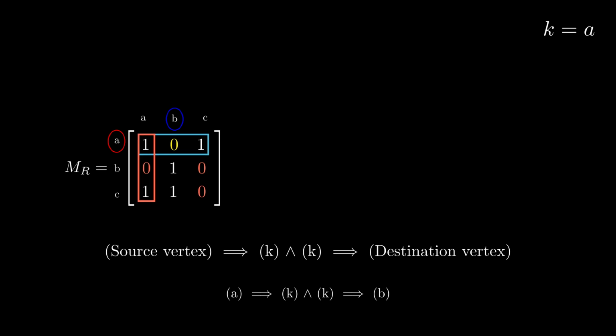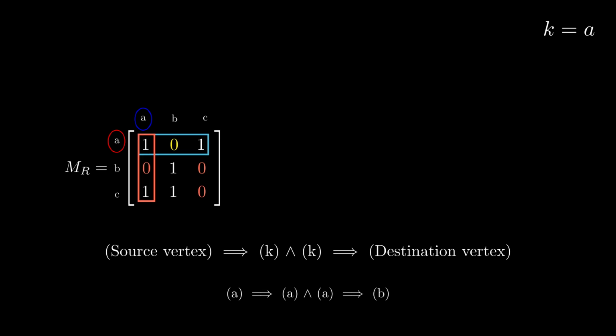Now, since our pivot is a, we simply substitute into the formula and we get the following. Since our K is a, it transforms as follows. Now, the connection from a to a exists, so a is related to a.